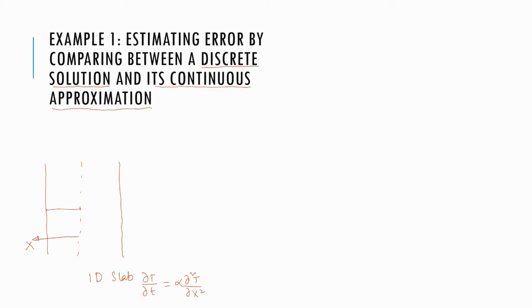I'm going to divide it into 6 nodes, and so that means 5 elements. So it's 2-noded 1D linear elements, and I do the computation using finite element equations, and this is the solution that we're going to get.